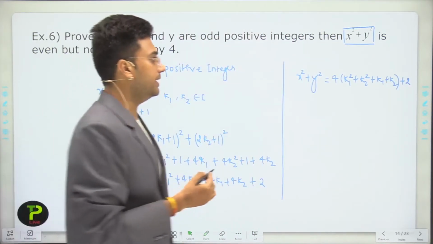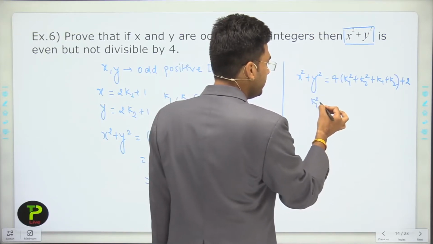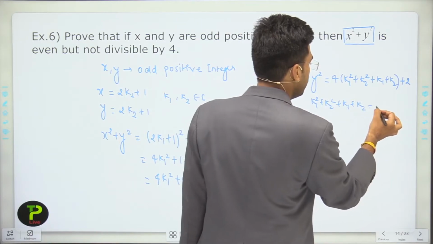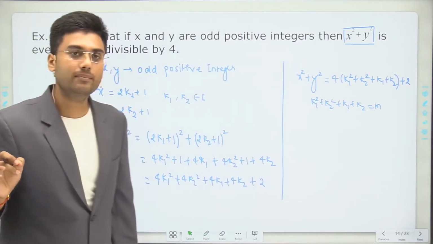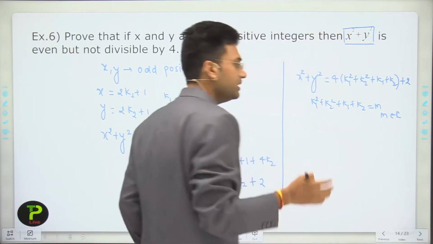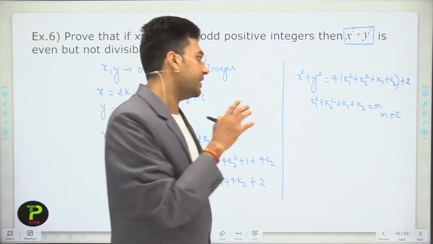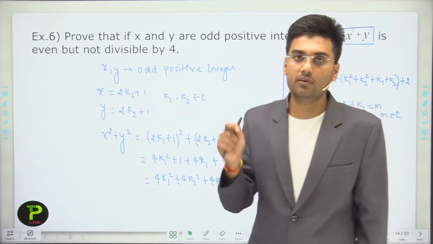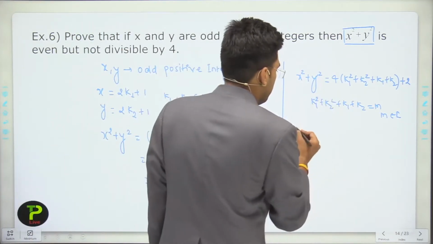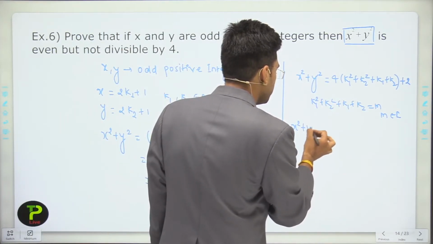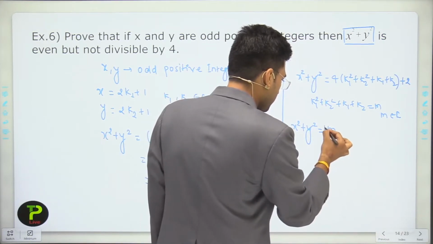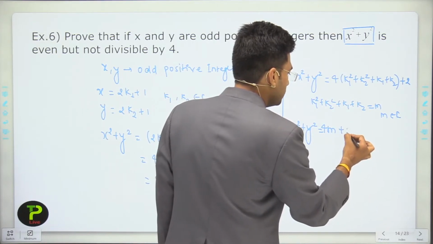So now dear students, we assume k1 square plus k2 square plus k1 plus k2 is equal to m. And m is what? M is an integer, because if k1 and k2 are integers, then k1 square plus k2 square plus k1 plus k2 is also an integer. Now x square plus y square becomes 4m plus 2.